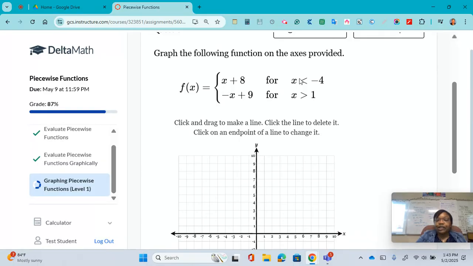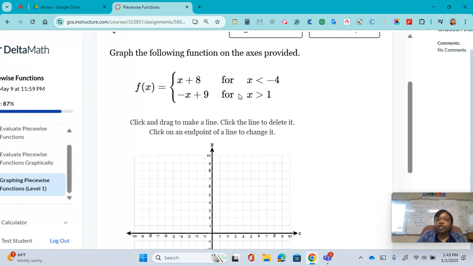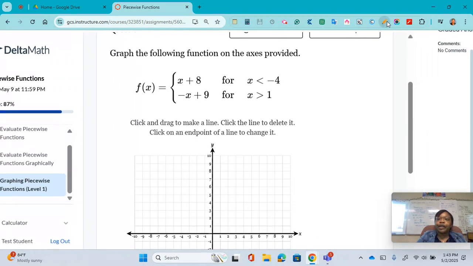We're going to use this equation for x values that are less than negative 4. So we need to figure out where we're going to start. I'm going to plug in my x value, negative 4, into this equation. So that'll be negative 4 plus 8, which would give me positive 4.